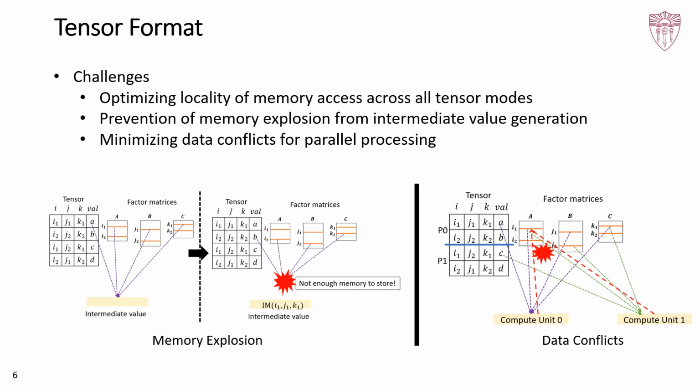The second thing is, if we decide to store the intermediate values in the external memory and then finally add them together in the end, there can be memory explosion due to the size of these intermediate values. Typically, memory devices don't have this much space, so this is not a viable solution either.